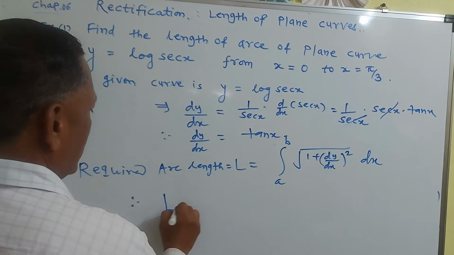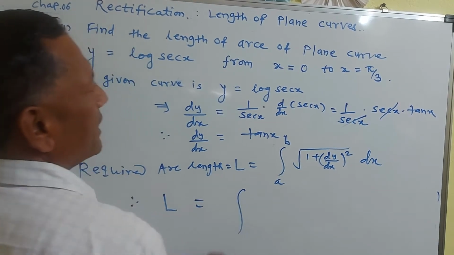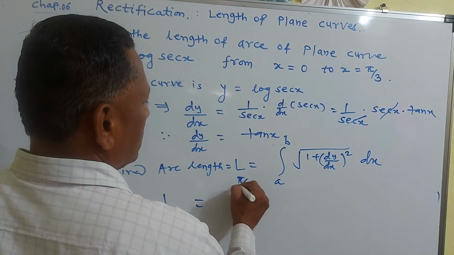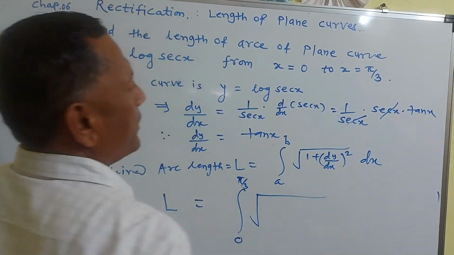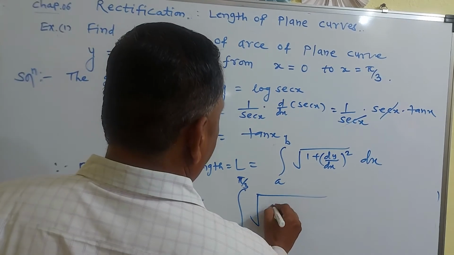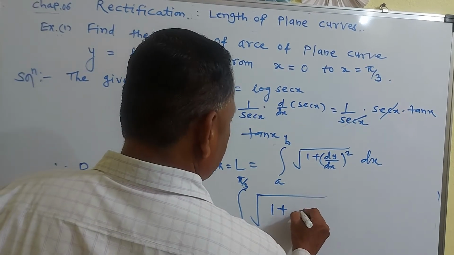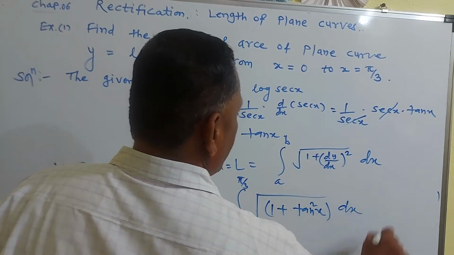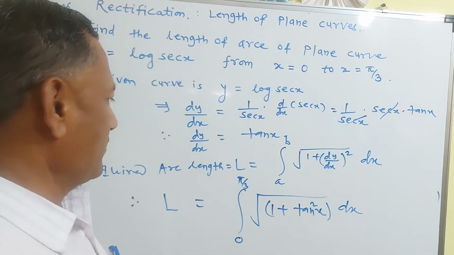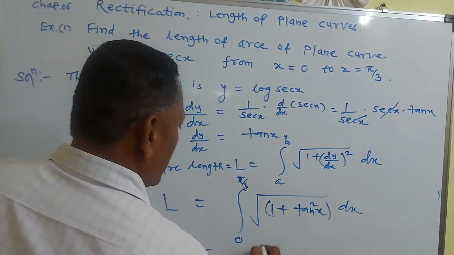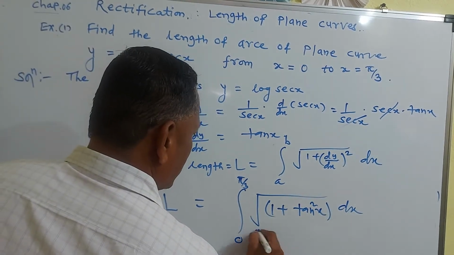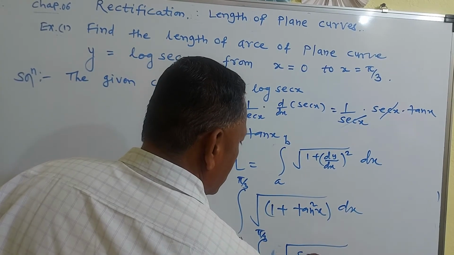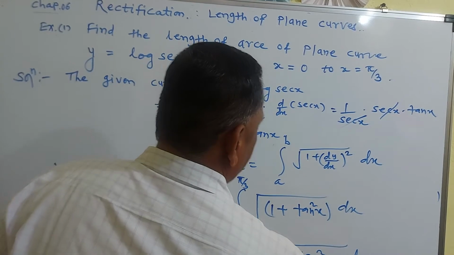Therefore L is equal to, here a is 0, b is pi by 3, integration of root of 1 plus tan square x dx, and you know that 1 plus tan square theta is sec square theta. So it is equal to integration going from 0 to pi by 3 root of sec square x dx.